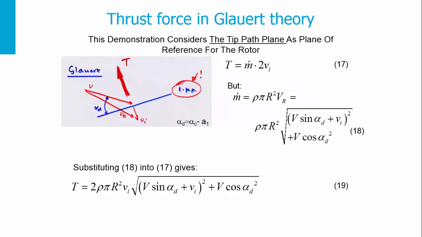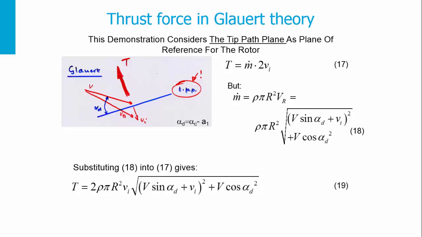However, the thrust force can also be calculated using the Glauert theory. This time we will consider the tip-path plane as the plane of reference for the rotor. In the tip-path plane, you remember that the conservation of the angular momentum gave us that the thrust equals the mass flow rate multiplied by twice the induced velocity, the velocity of the wake down in the helicopter motion.